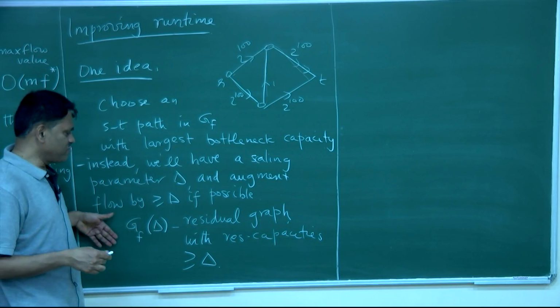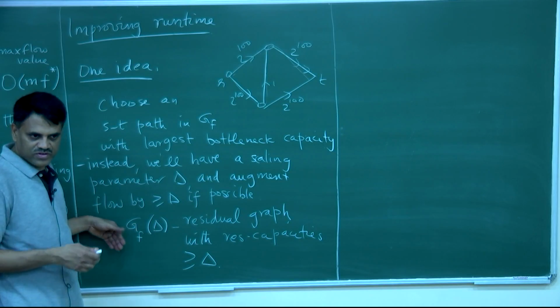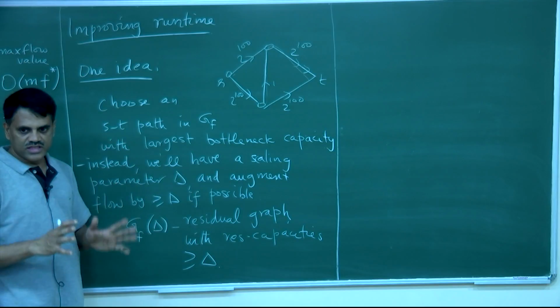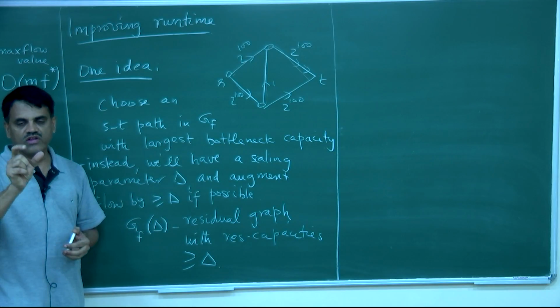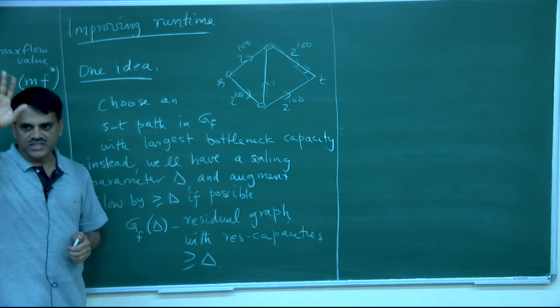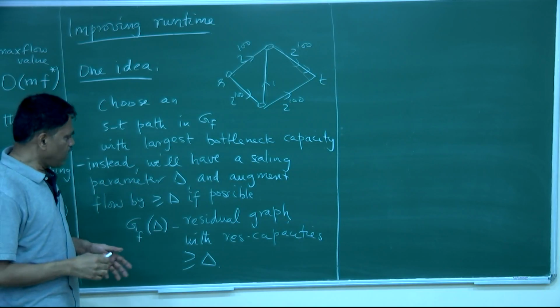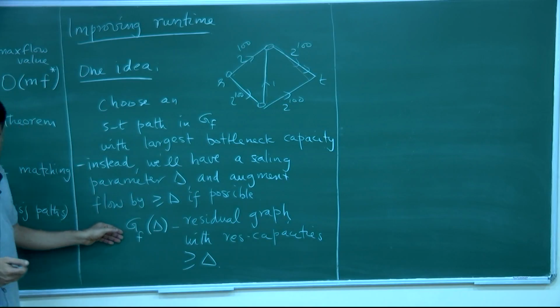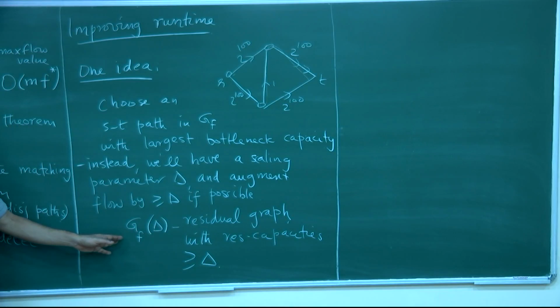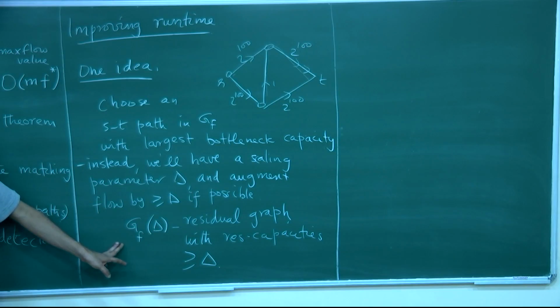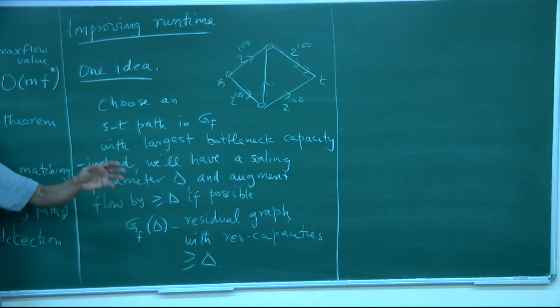This makes life easier. You just construct your residual network as you would, and whenever your residual capacity is less than delta, don't add that edge. So you can construct it in order m time. Now you find an ST augmenting path here and augment the flow. You are ensured that you will augment it by at least delta, because every edge has residual capacity at least delta.